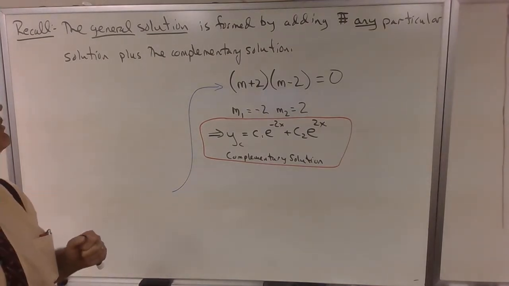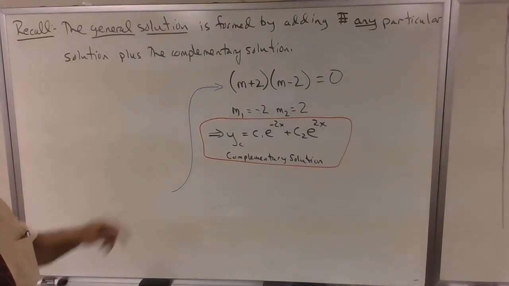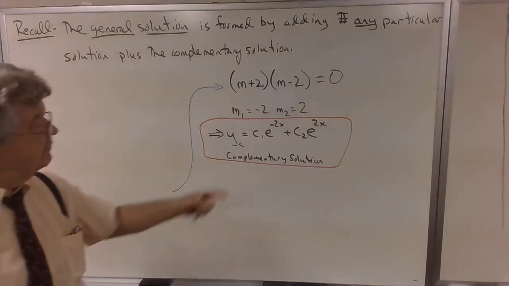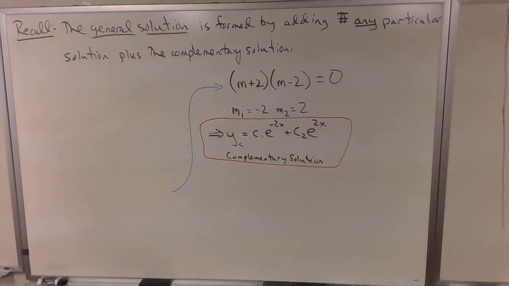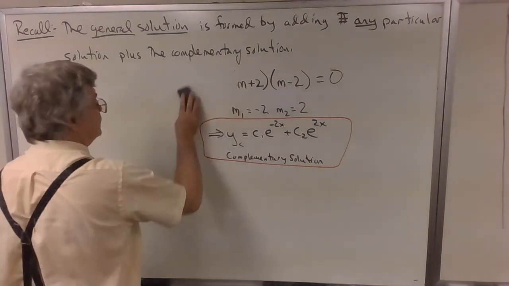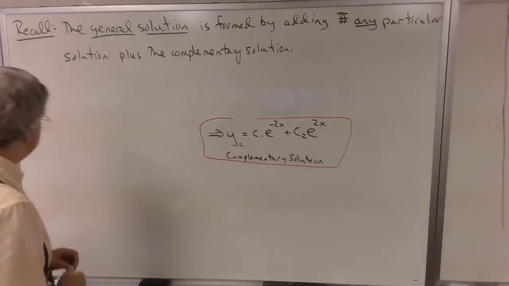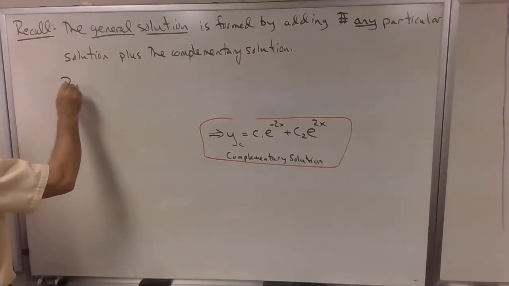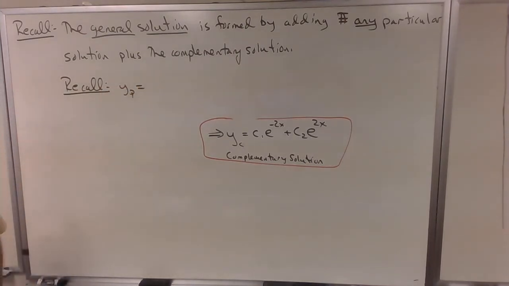To get the general solution, we take any particular solution and add to it the complementary solution. This thing right here. Now, what did our particular solution turn out to be?